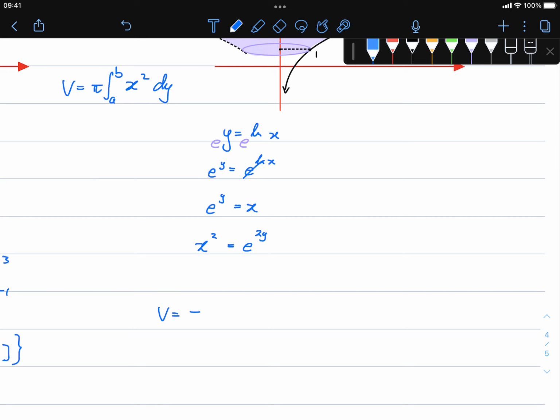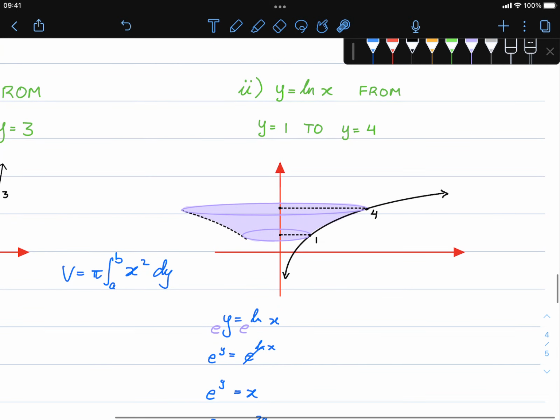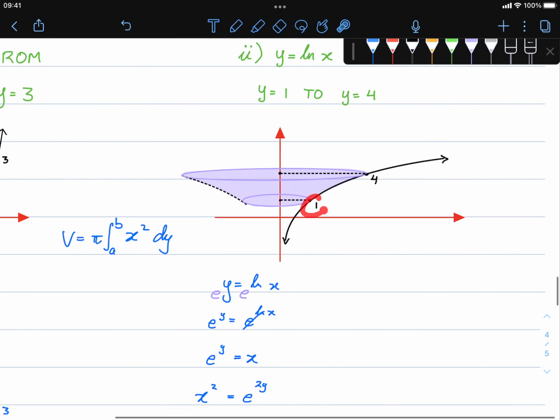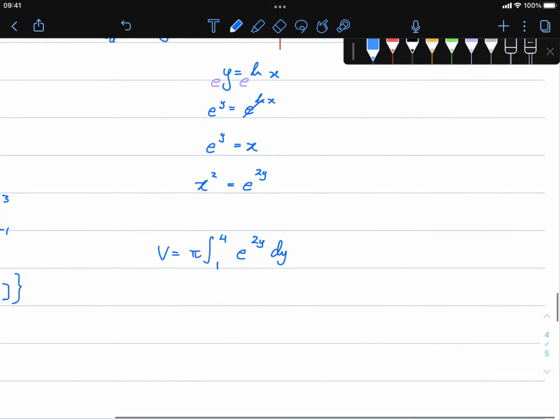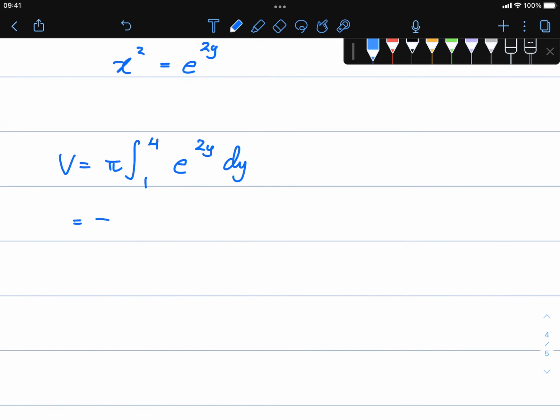So volume equals pi times the integral from 1 to 4 of e to the power of 2y dy. Integrating this, we get half e to the power of 2y.